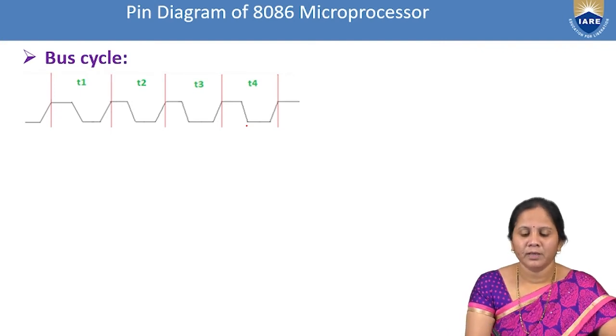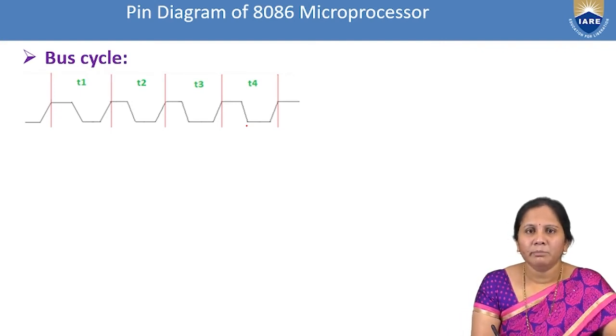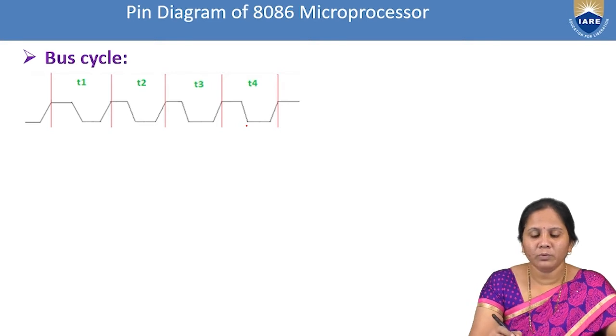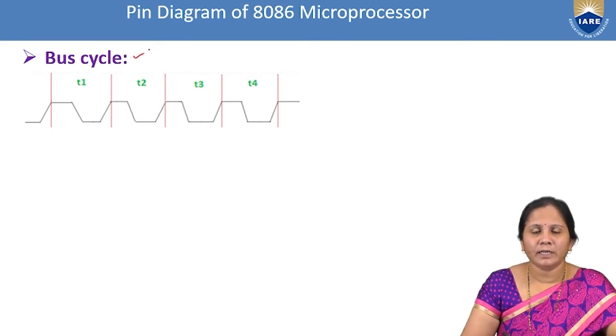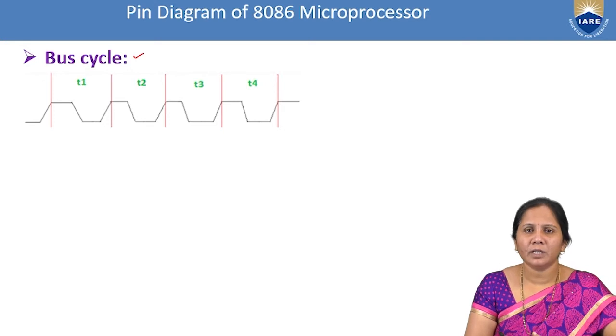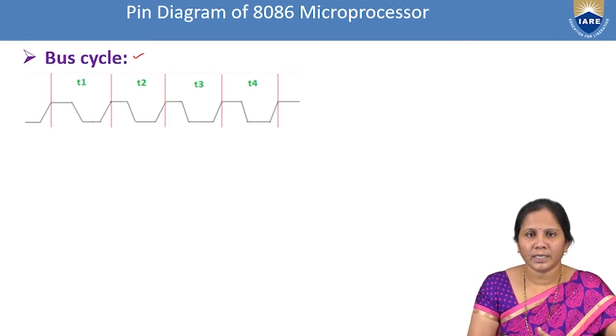Now, before going to the detailed discussion about all the signals, we have to learn about the bus cycle. Generally, in order to execute any instruction, the microprocessor requires 4 clock cycles.